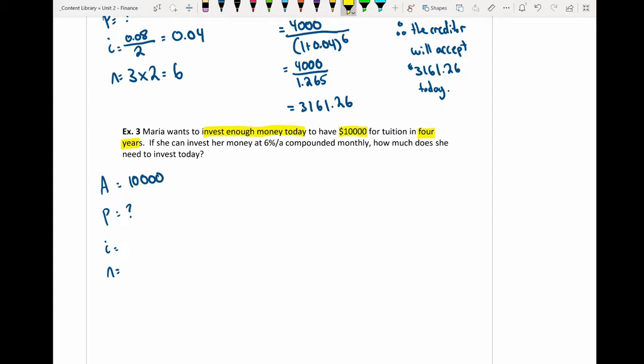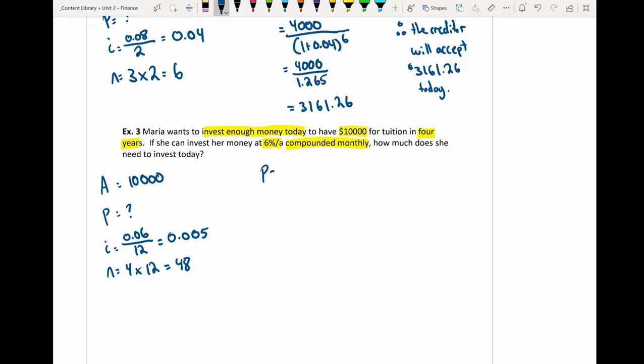4 years I'm going to use in my other two parts. 6% per year compounded monthly. So for my I value, I take the 6% divided by 12 for monthly. 0.005 is my I value. And then for my N, it's 4 years times 12 compounding periods equals 48.